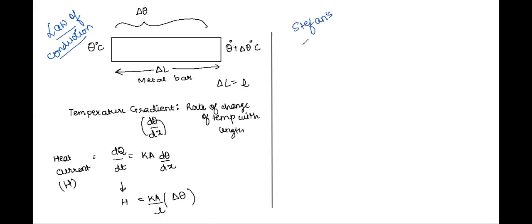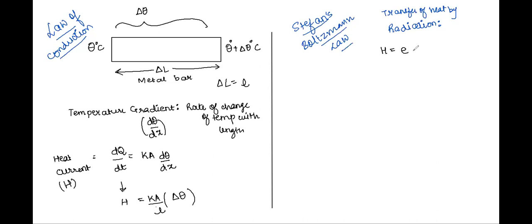How this Stefan Boltzmann law works is, it says that for transfer of heat by means of radiation, we have the H, that is the rate of heat being given out. H is given as e A sigma T power 4.